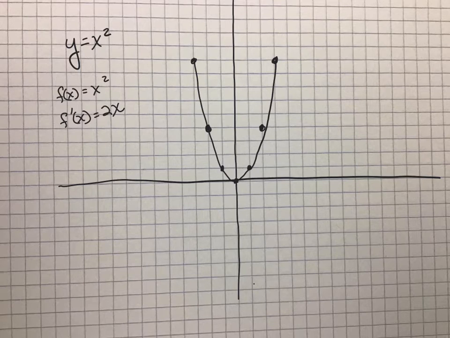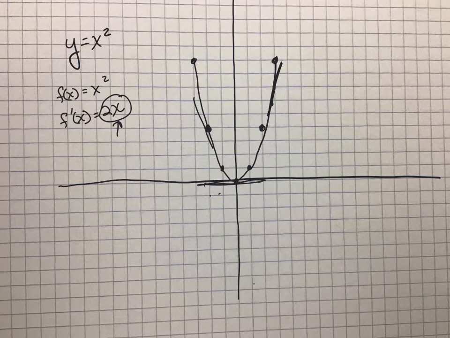Well, we know that the slope right here is going to be different than the slope right here or the slope over here. Okay? Let me do that a little bit better. So what we do is we take the derivative, and at 0, we plug in a 0 into that derivative, and we get that the slope is 0, which it is. It's a flat line.